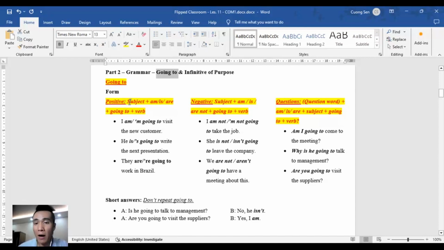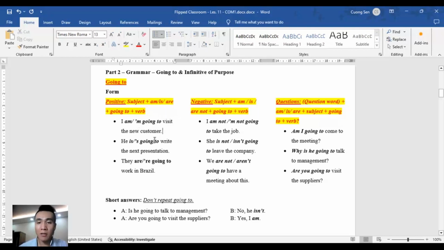So look at the positive one. Usually we have subject, am, is, are, and going to, plus the main verb. Look at the examples I've given you. Usually with I you say am, and sometimes the contracted form, where we don't say the full words. So it's I'm, not I am, but I'm going to visit, and visit is the main verb, right?